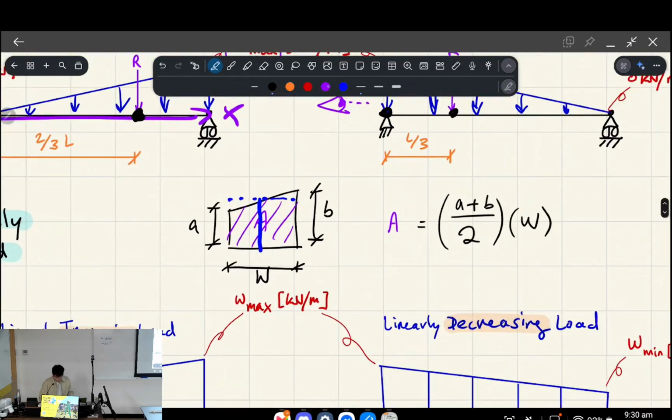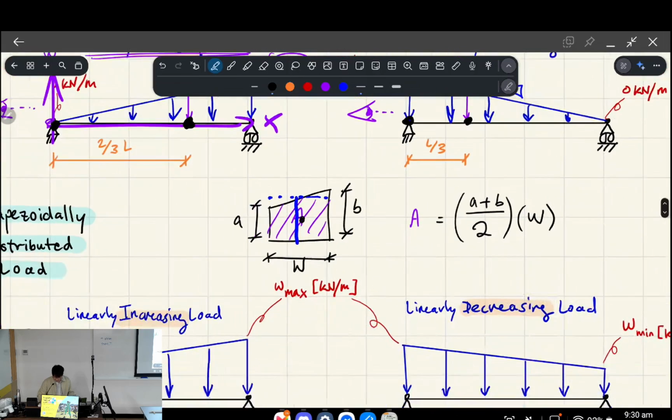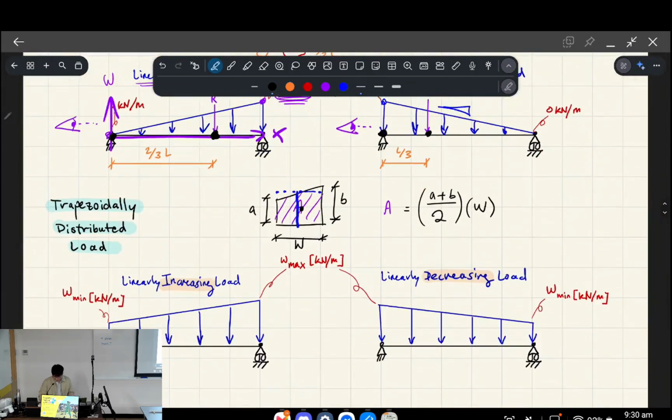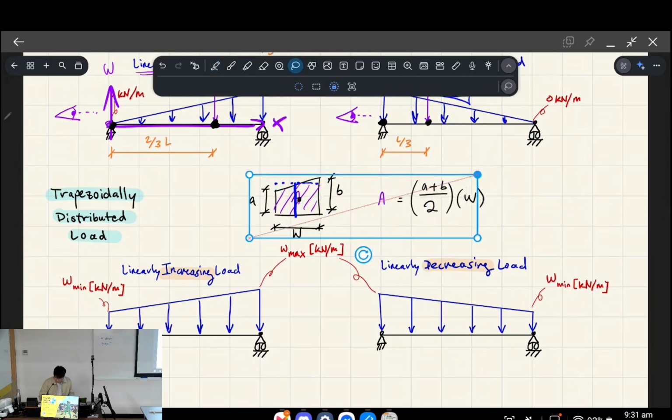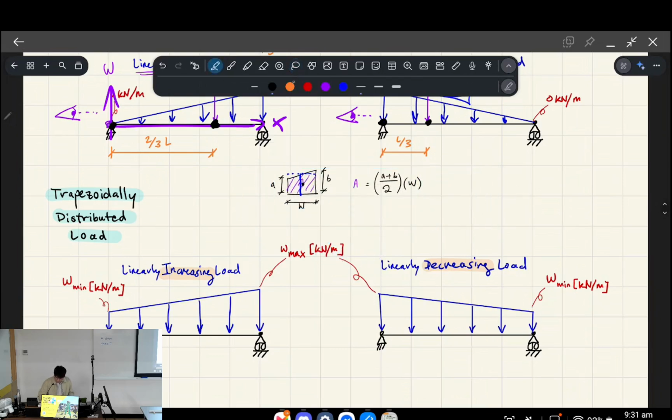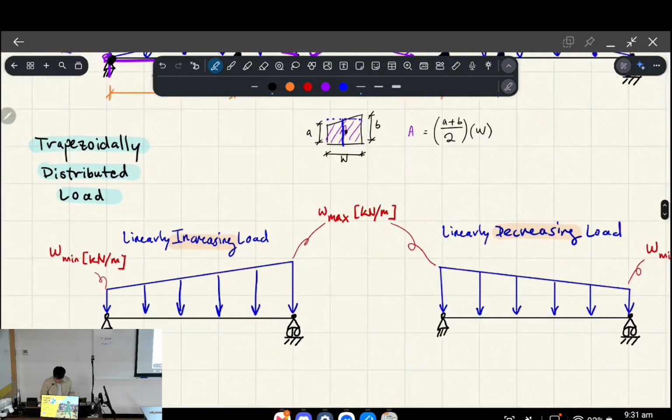But what's a little bit harder to find for a trapezoid is the centroid, the center of that shape. It's a bit more annoying. You can do it, but I don't have a way to do it that's quick to memorize, in my opinion. So instead of doing it as a trapezoid, when we encounter trapezoidally distributed loads, I would recommend you instead split it up into two shapes. A trapezoid is really just a rectangle plus a triangle.